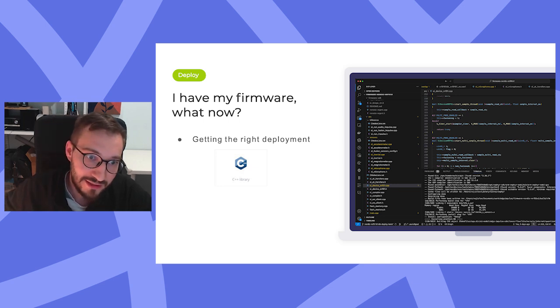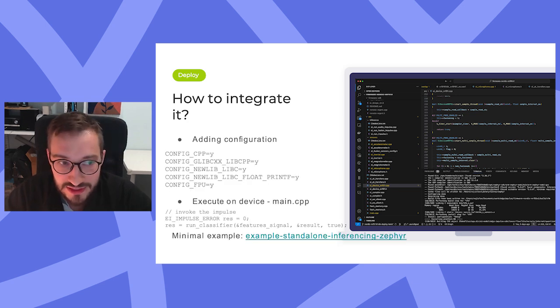From there, it's as simple as adding a few configuration files. If we look at the Nordic SDK and how it's implemented, we call run classifier with the right input to get the results we need. Based on that, we can create additional application logic and have the device send data less frequently.